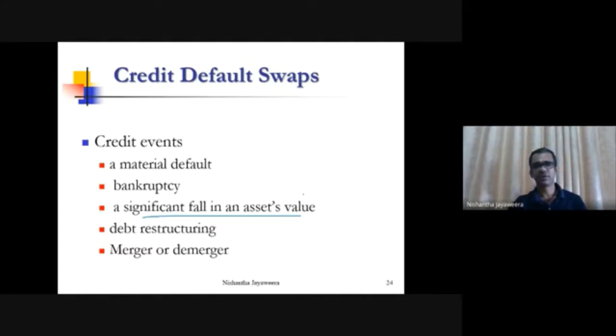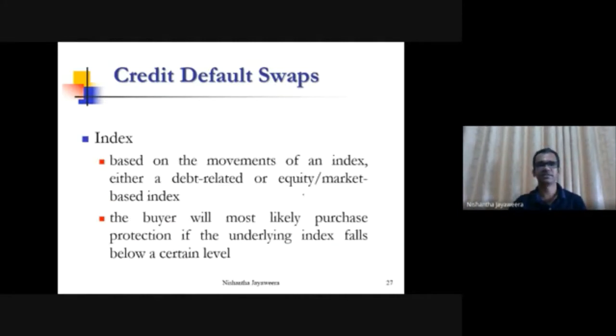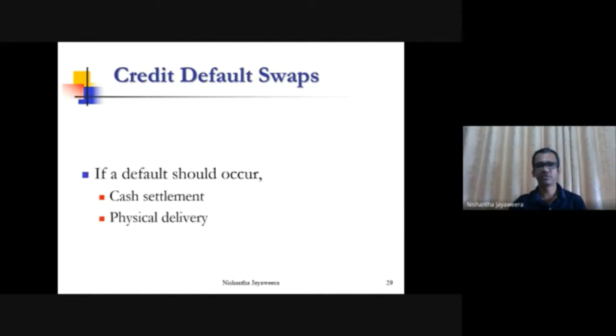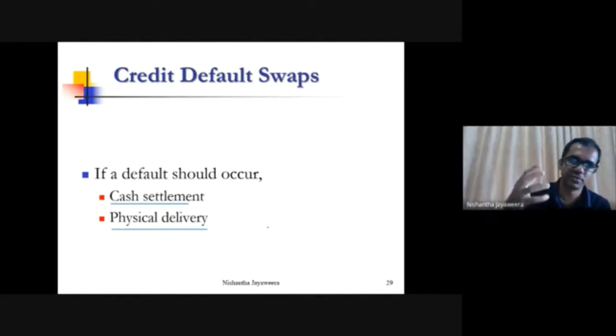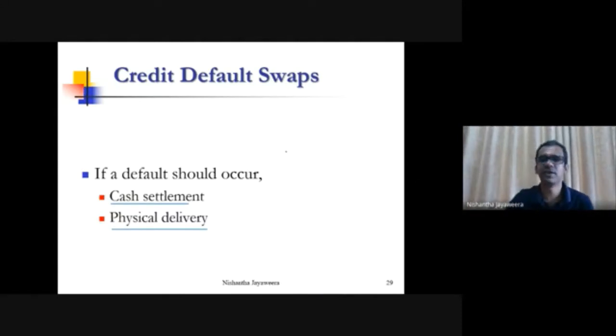Then the question is, how do they make that compensation? Again, there are two ways: cash settlement and physical delivery. Cash settlement is this: say you have bought a bond with a face value of 100.